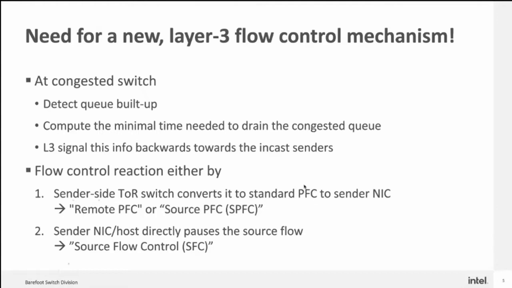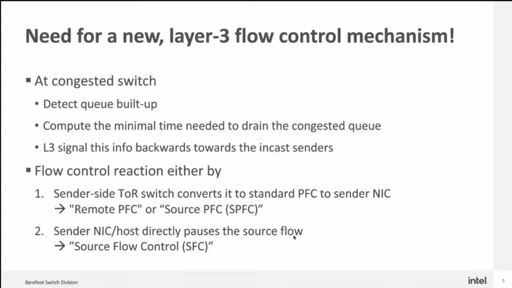The same PFC mechanism that we explained before, but now it's only used between the switch and the sender NIC. And the nice thing about this approach is that we can use today's NICs because they all understand PFC, and it's a very low latency mechanism. And this flavor of our design is what we call remote PFC, or in some cases also source PFC. But in this talk, I will stick to remote PFC.